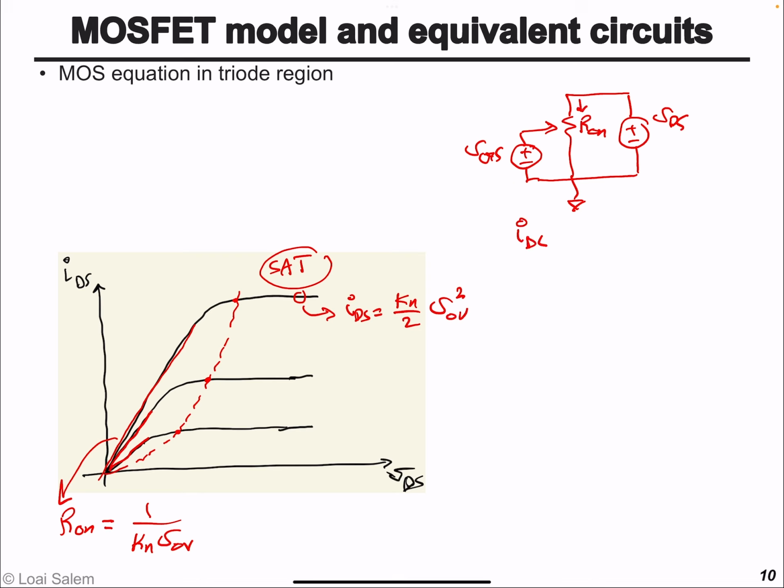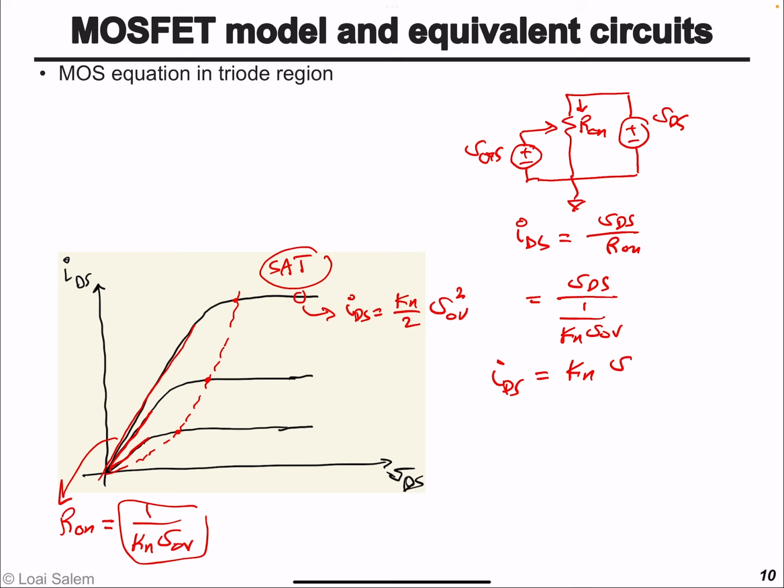Well, IDS will be equal to VDS divided by R on, which is 1 over Kn times V overdrive. And so IDS is equal to Kn V overdrive times VDS.